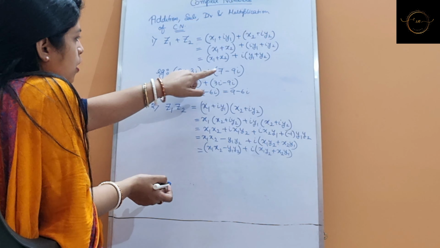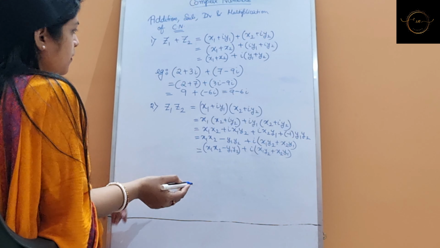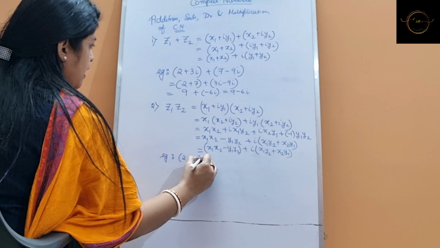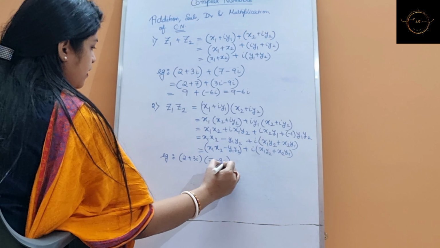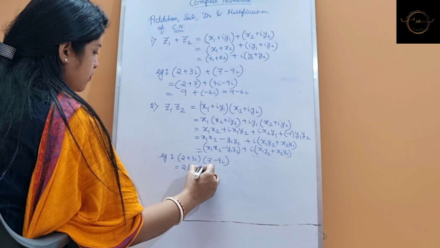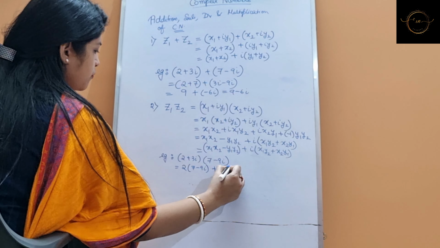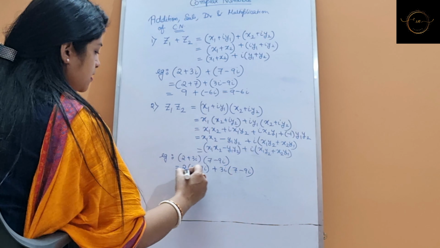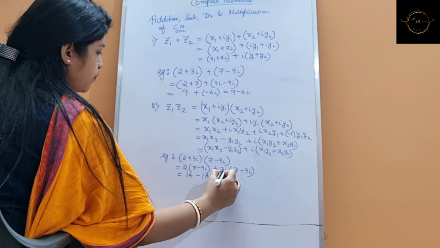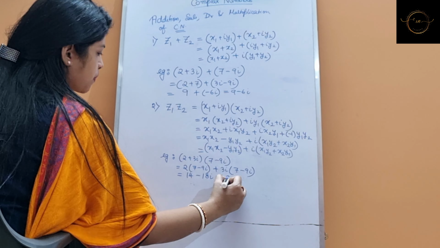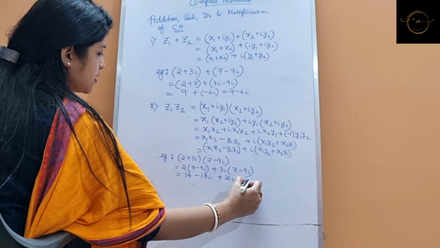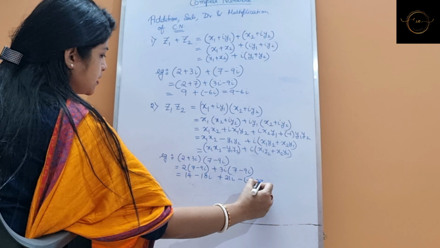So again, with these two complex numbers, how will you multiply? If I take an example as 2 plus 3i into 7 minus 9i, this will be equal to, with 2 we can multiply 7 minus 9i, and with 3i I can multiply 7 minus 9i. So this is 14 minus 18i plus, 7 3s are 21i, minus of i into i is minus 1, 9 3s are 27.